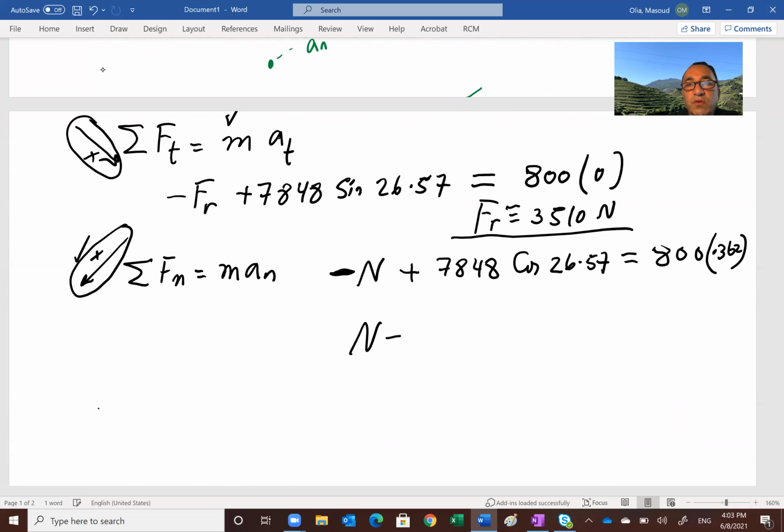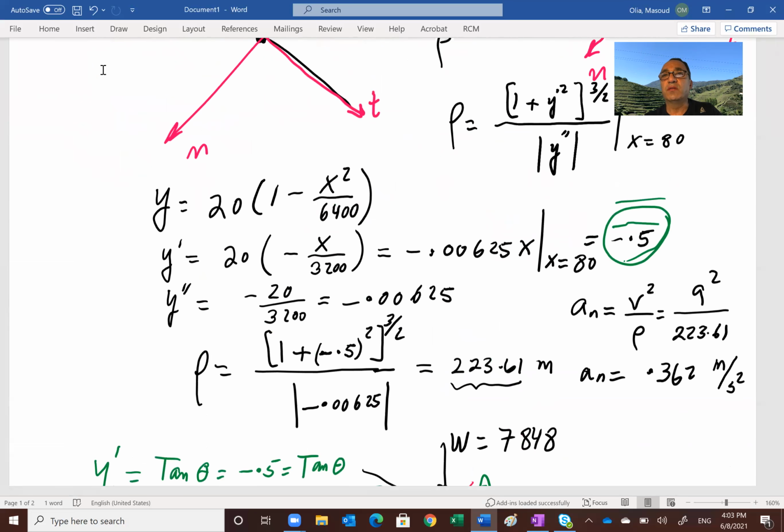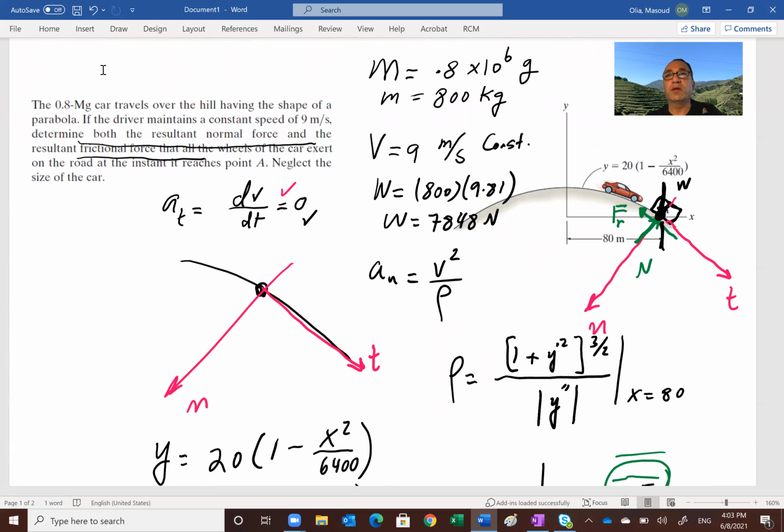If you go ahead and solve for the normal force, remember, these are the resultant normal force and resultant frictional force acting on the tires. It's about 6,730 newtons. So this is just an example showing you that you can calculate the radius of curvature if you happen to know the equation of the motion, in this case the parabola that you see here.